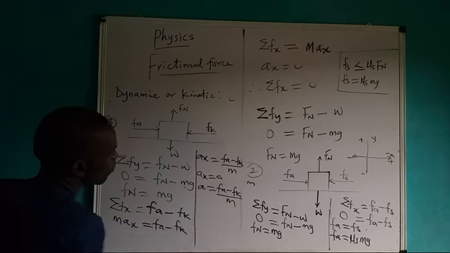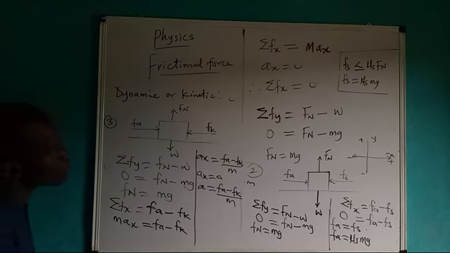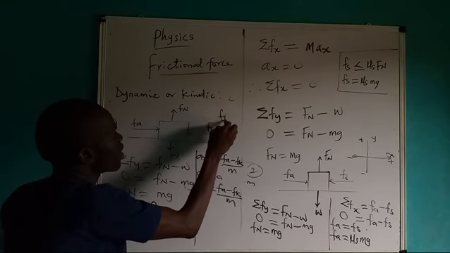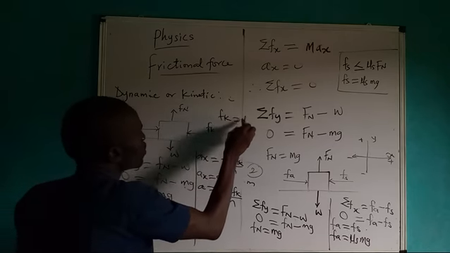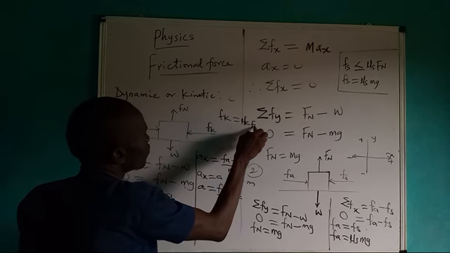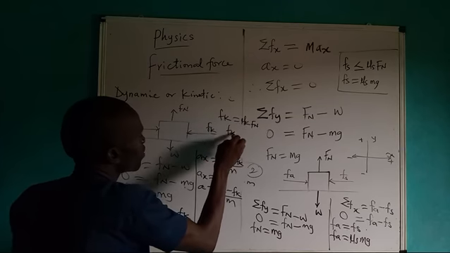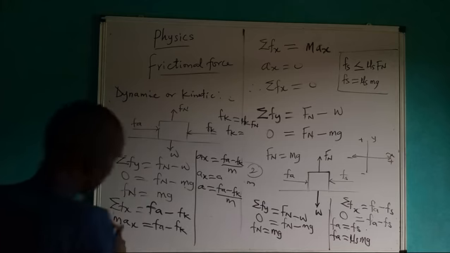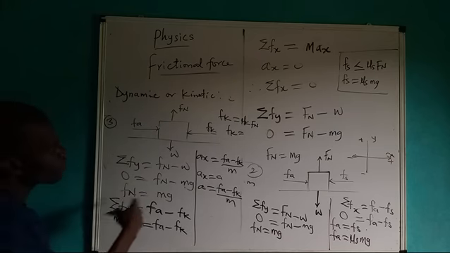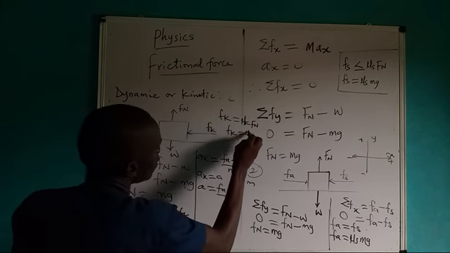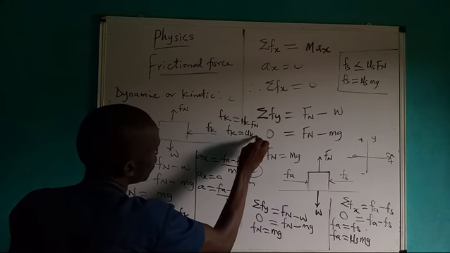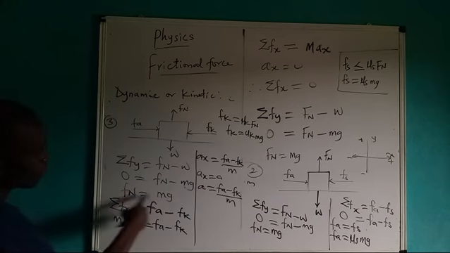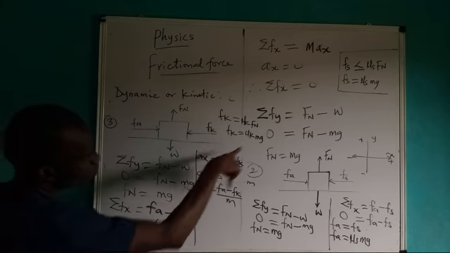Please don't forget that Fk is always equal to mu k Fn. And Fn, we have determined it, we said Fn becomes mg.